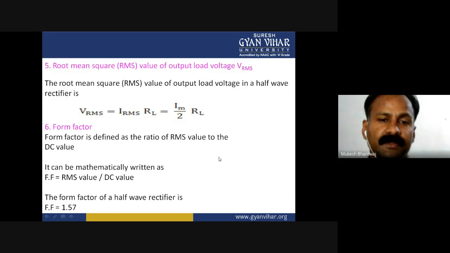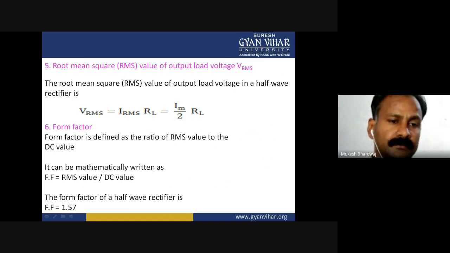Now the fifth characteristic, that is VRMS, or root mean square value of output load voltage. VRMS in a half-wave rectifier is equal to IRMS into RL, equals Im by 2 into RL.